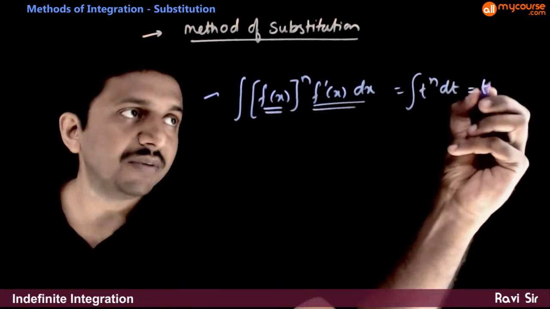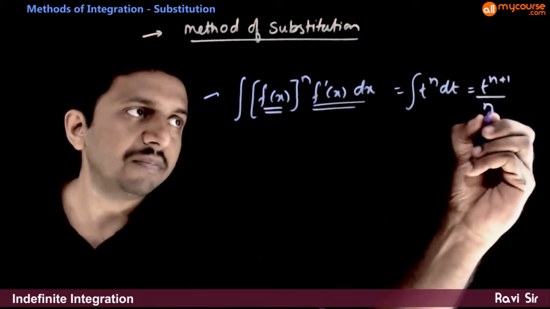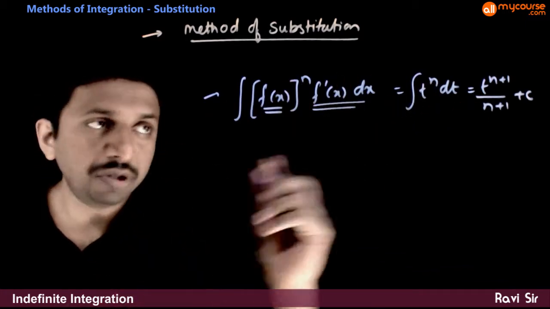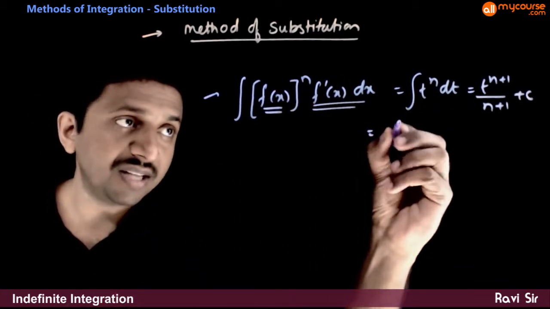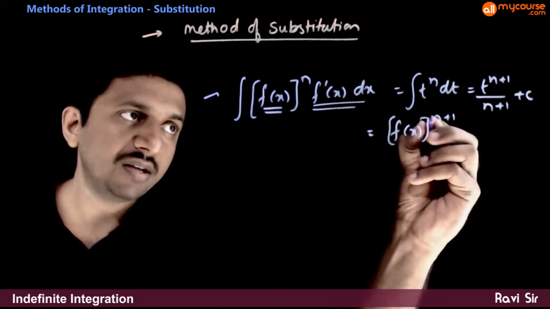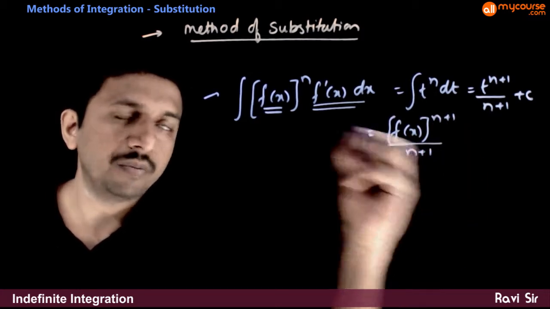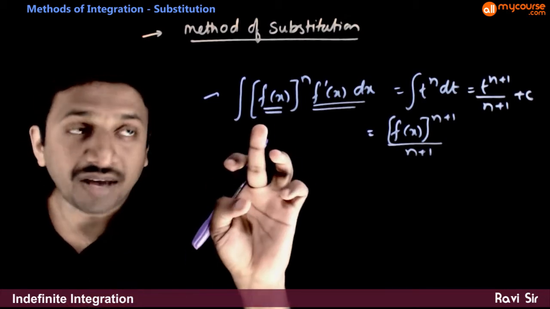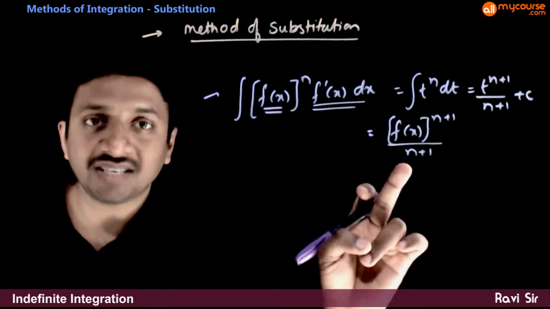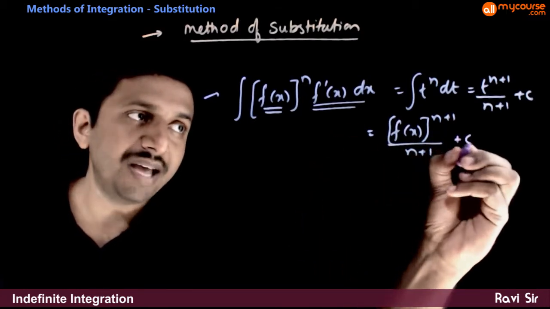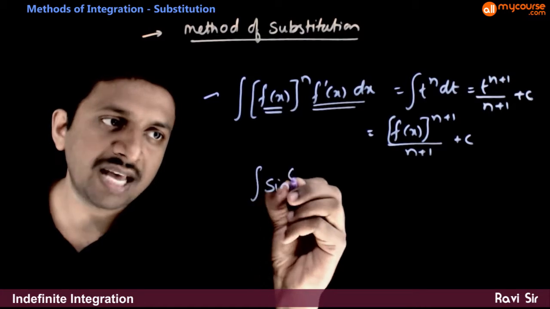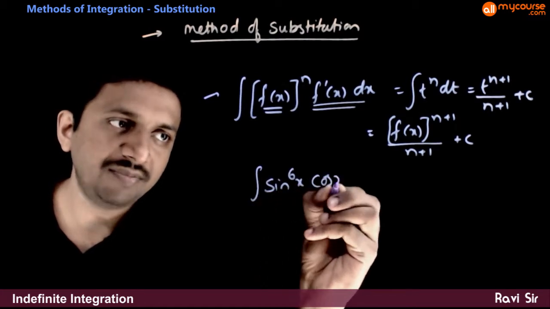So this integration becomes t power n plus 1 by n plus 1 plus c. And finally, if you do the back substitution, the formula for this is f of x whole power n plus 1 by n plus 1. So if you have f x power n times f dash of x dx, the answer is f x power n plus 1 by n plus 1 plus c. For example, if you have integration of sine power 6x times cos x dx.